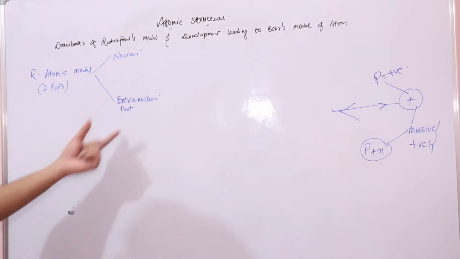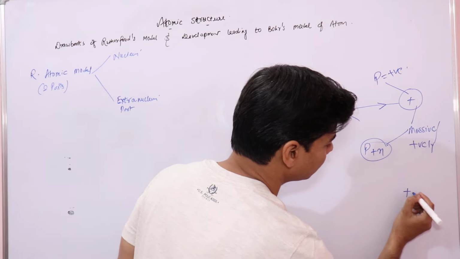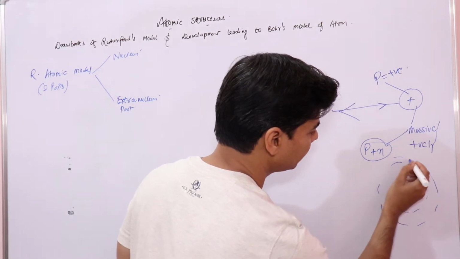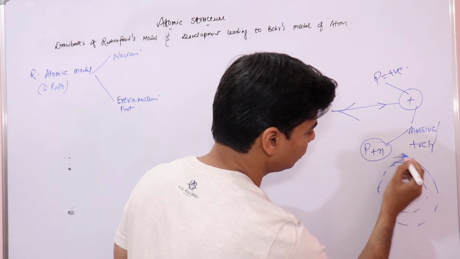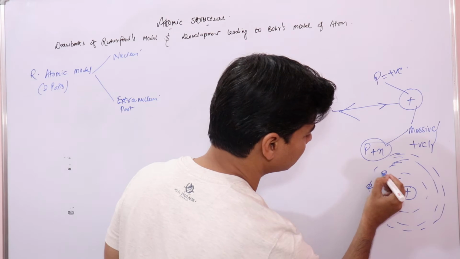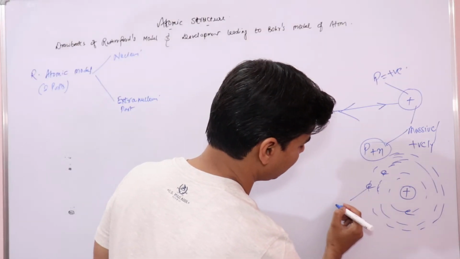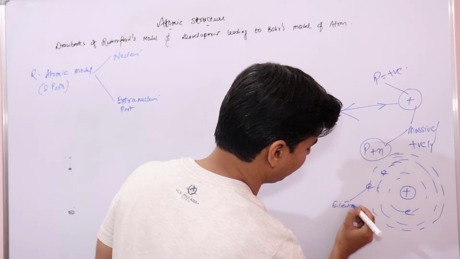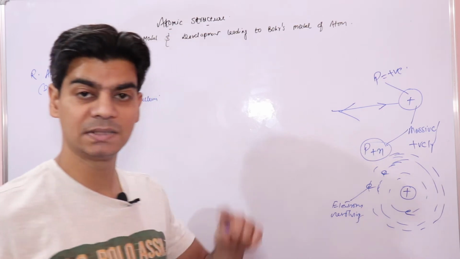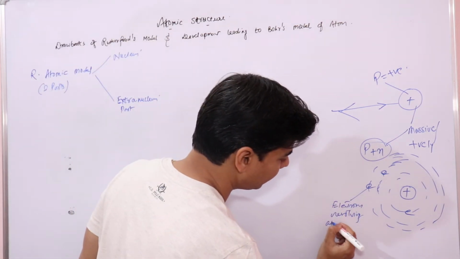Now he also said that there is an extra nuclear part. If this is the nucleus, there is an extra nuclear part which is around the nucleus, like this. In this extra nuclear part you have electrons revolving at a very high speed, right. He just said electrons revolving at a high speed.